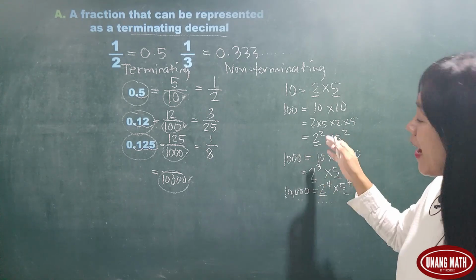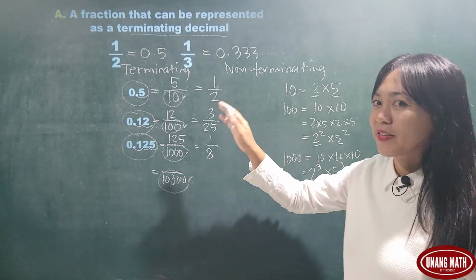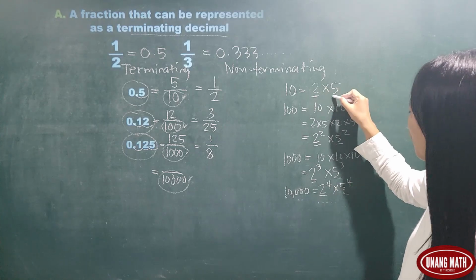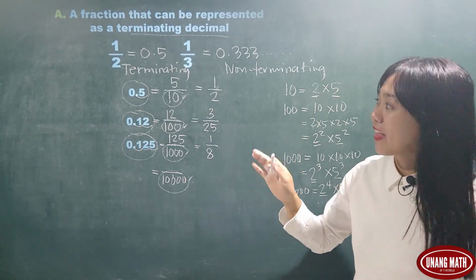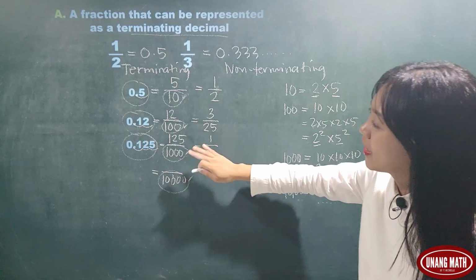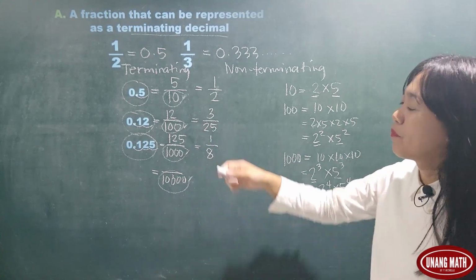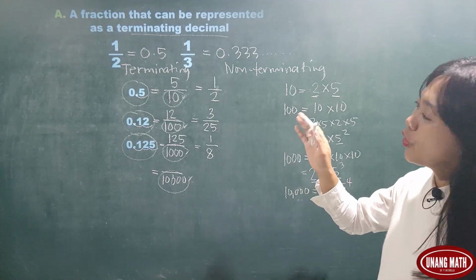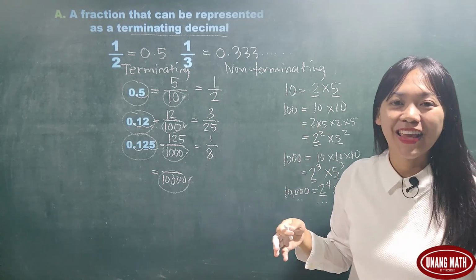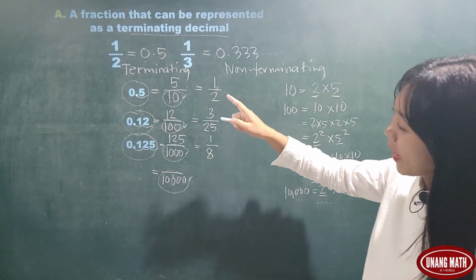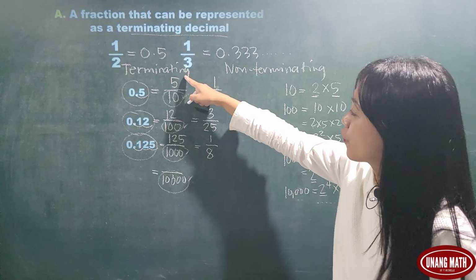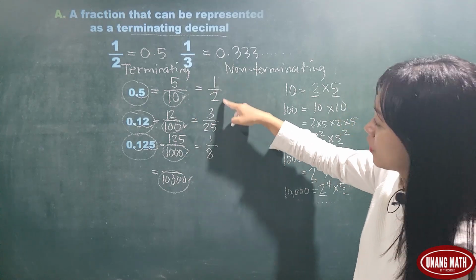So when we see a fraction and the prime factors of the denominator are only 2 or 5, or 2 and 5, then that fraction can be converted to a terminating decimal. Okay, but for you to get the prime factorization easier, you have to simplify the fraction to its lowest term. For 5 over 10, the simplified fraction is 1/2.